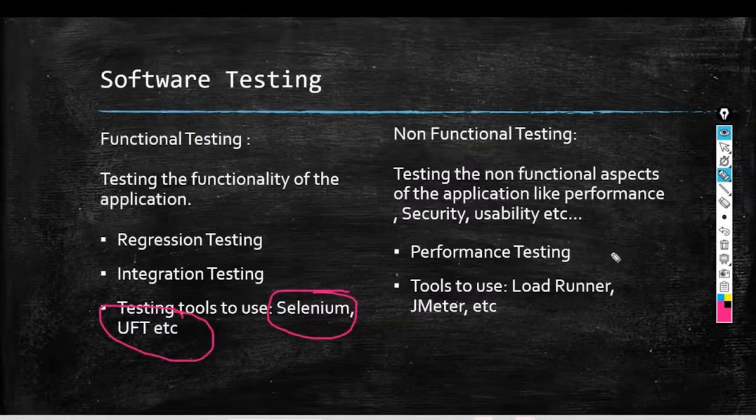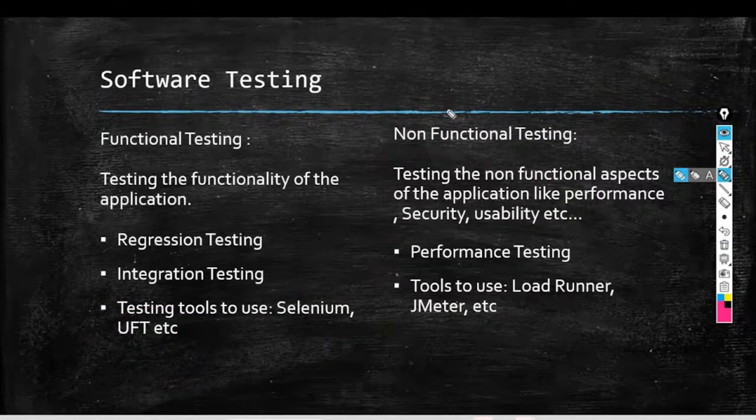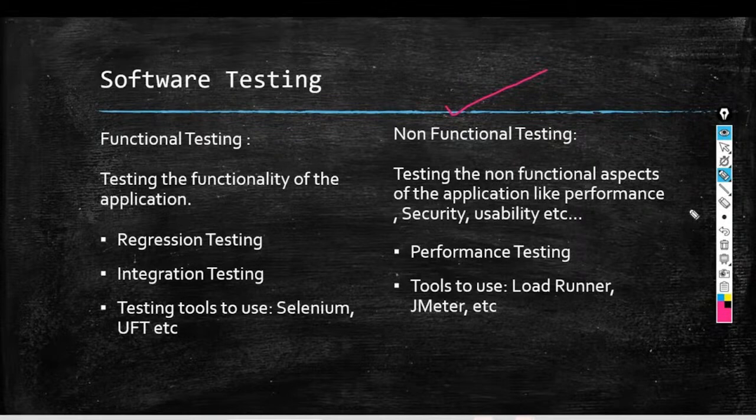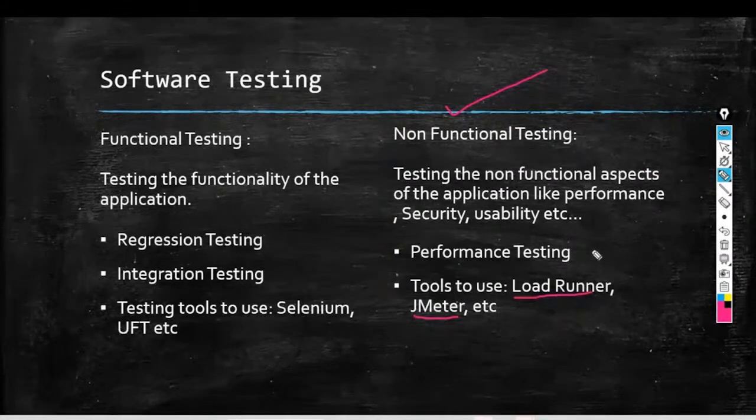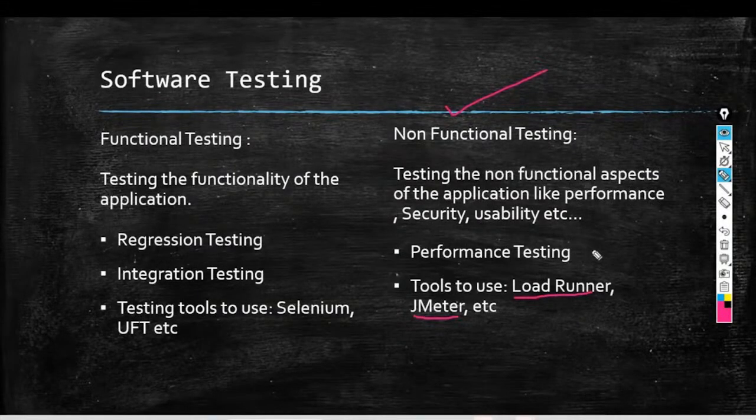Then non-functional testing is all about testing the non-functional aspects like performance, security, etc. The tools we use, especially for performance testing, are LoadRunner and JMeter. We do have some other tools like NeoLoad, but LoadRunner and JMeter are the most widely used tools in the market.